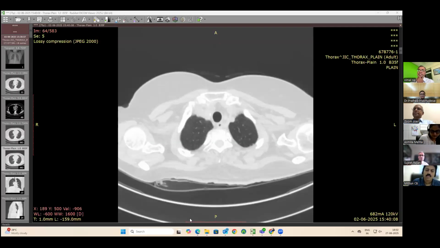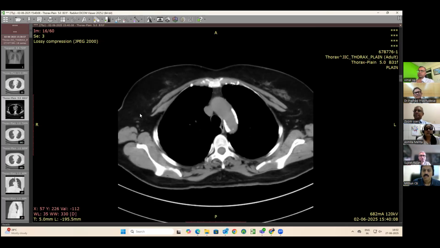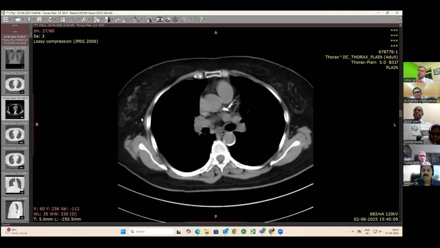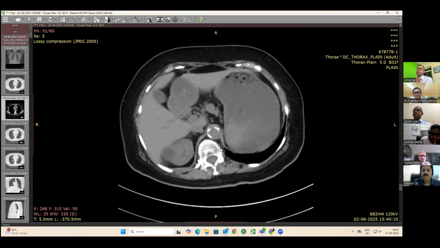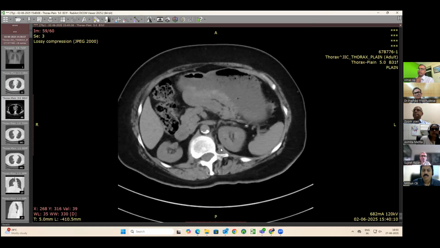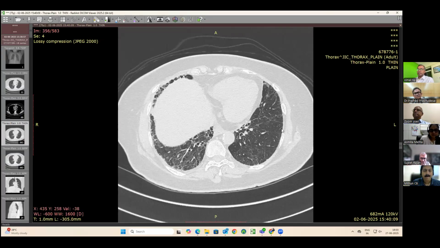So this is the CT scan of the 75-year-old female. Starting with the mediastinum, mild atherosclerotic changes in keeping with age. There is some coronary artery calcification, so some degree of coronary artery disease is there. Nothing else apart from simple cysts in the kidney.